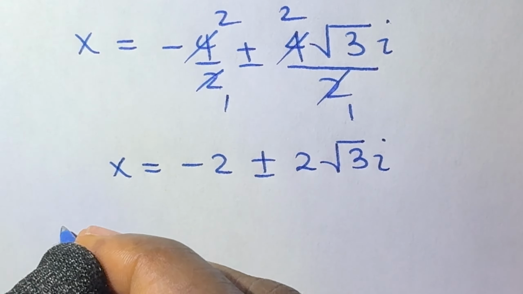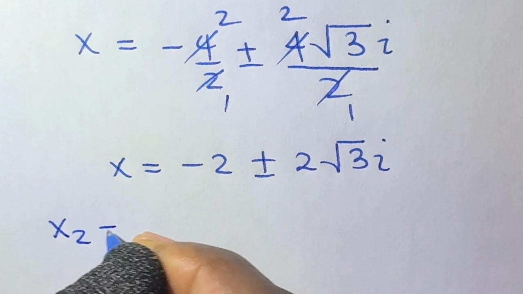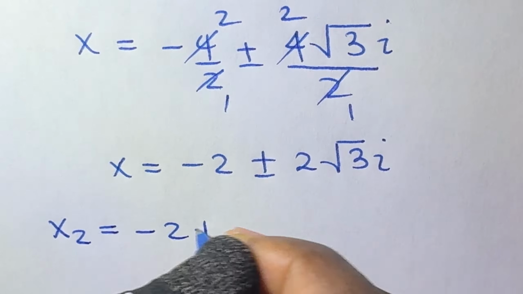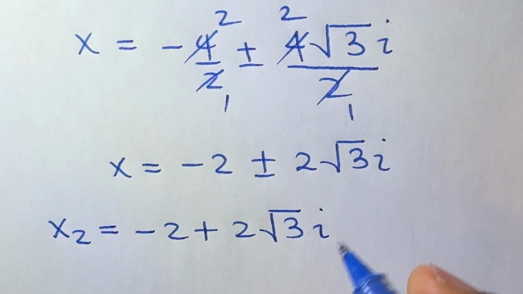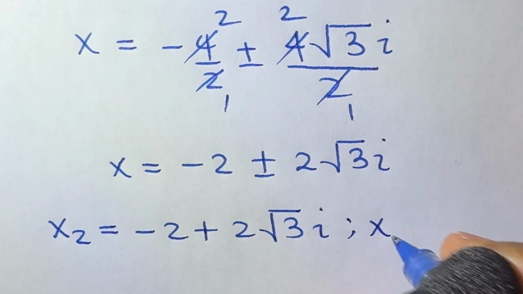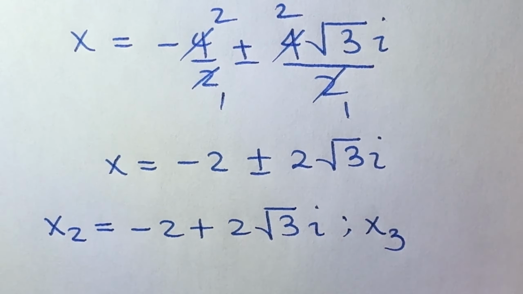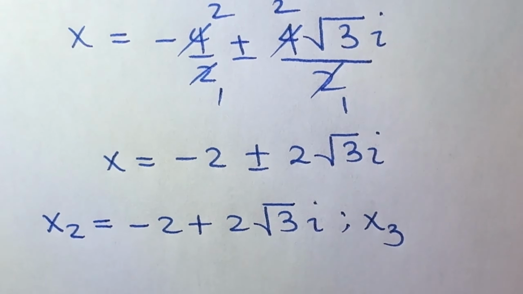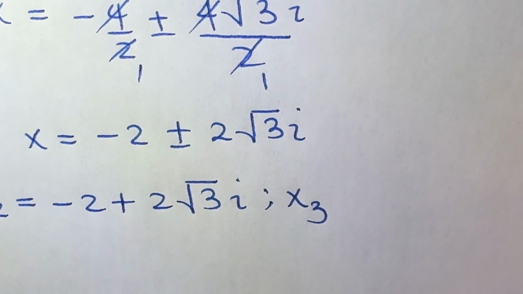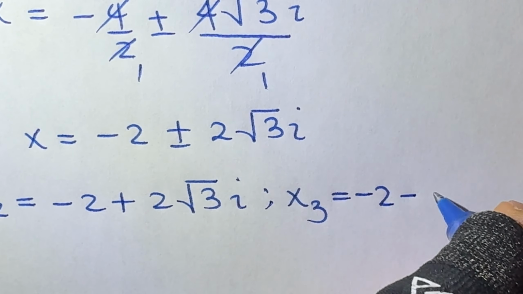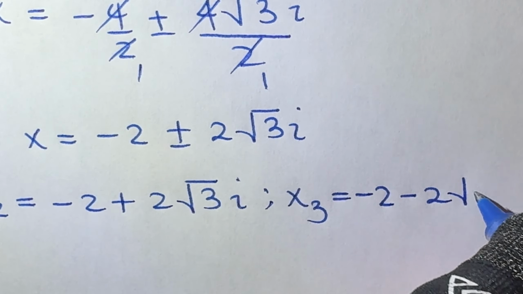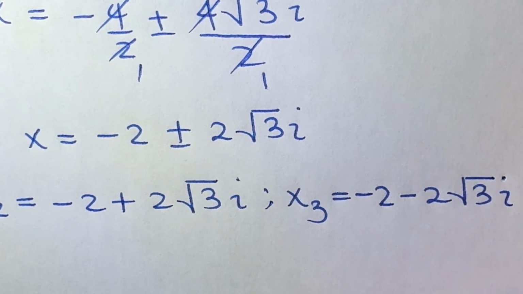So I can say x2 is equal to minus 2 plus 2 root 3i, and then I can say x3 is equal to minus 2 minus 2 root 3i. So those are already three values for this problem.